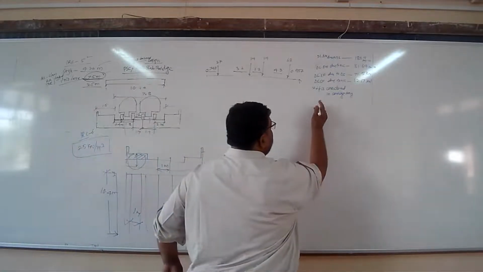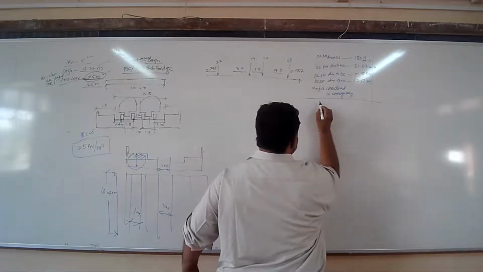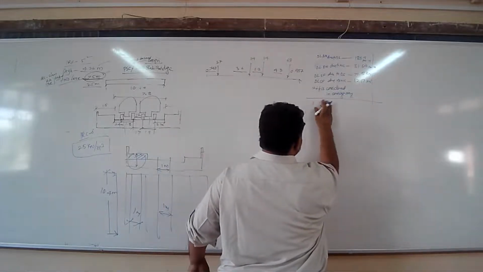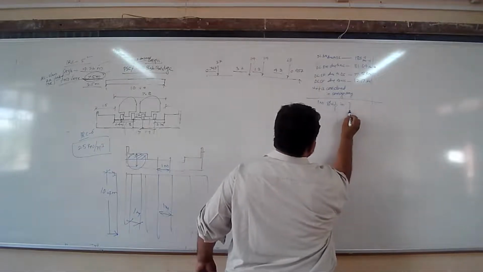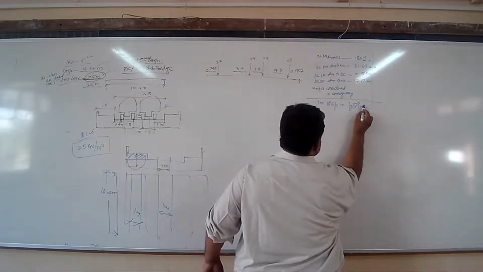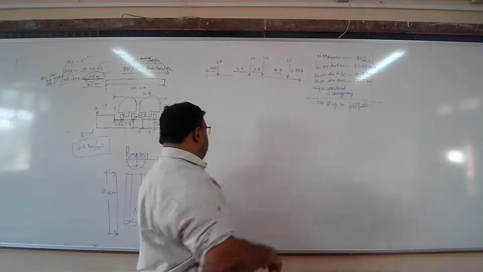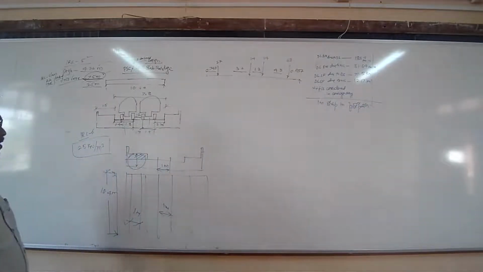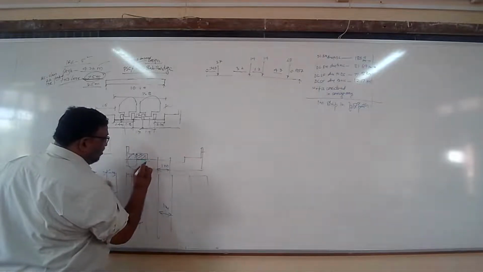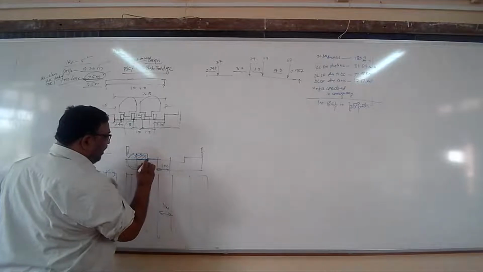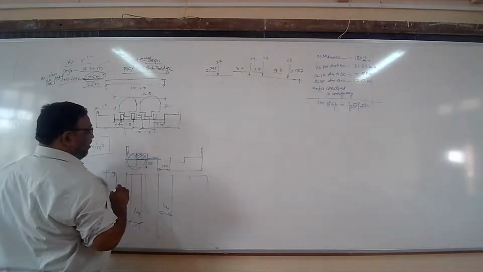If I consider the 1 meter strip in the footpath, then what is going to happen now? Here, how much is this? The deck slab is 550 mm. The bearing coat above is 90 mm.